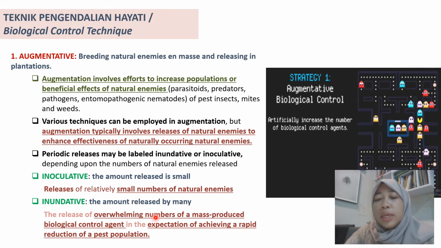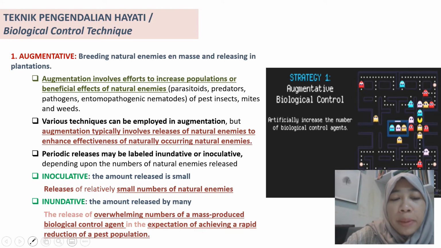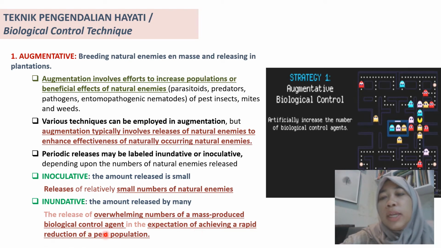The expectation is achieving a rapid reduction of the pest population. This is how augmentative works. So we can artificially increase the number of biological control agents by breeding natural enemies in the laboratory.